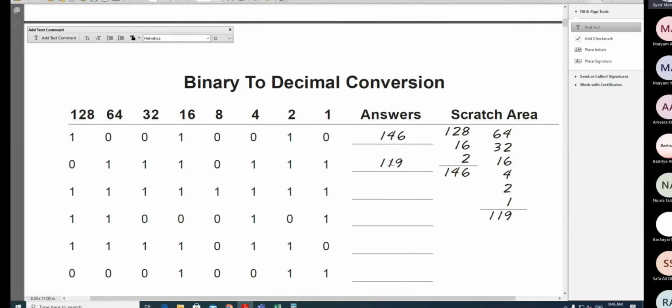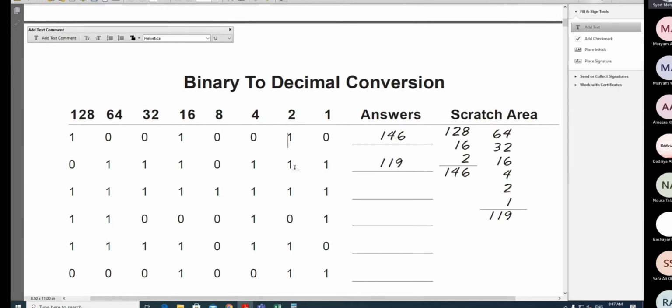Suppose this is a binary number. If you need to find the decimal equivalent of this one, for the bits which are 1, just add their positions according to this scale. So this is position 64, position 32, position 16.